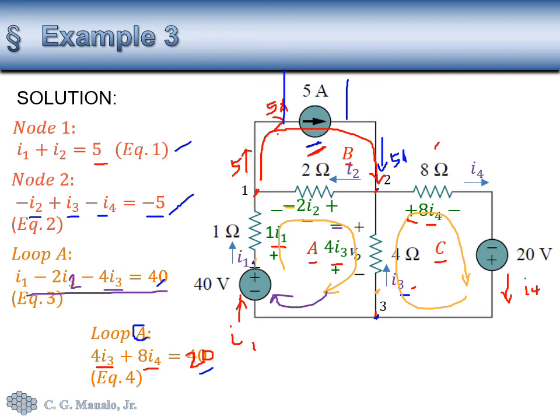And once we get those currents, we can solve the voltages. So for example, V naught can be solved using this. V naught is opposite in polarity compared to the polarity of 4I3 here, so we should put a negative sign there before we solve for I3.